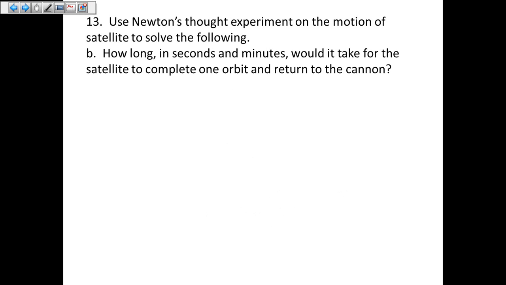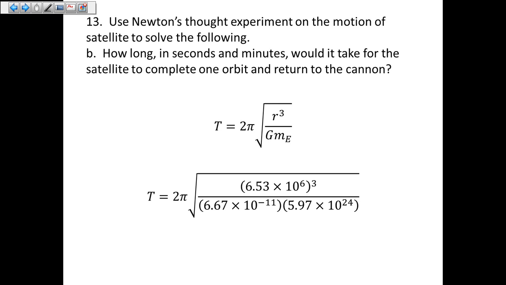Now, how long in seconds and minutes would it take for the satellite to complete one orbit? So we're solving for t in this case, and here's our equation. We're going to need that radius again. We're going to need big G, and we're going to need the mass of the Earth. Here's how it looks with all the numbers plugged in. We type it into our calculator and we get 5,254.